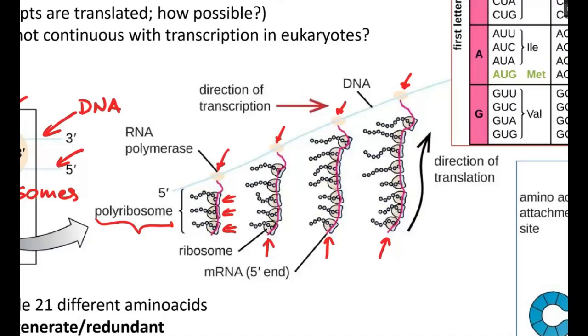Am I making sense? So that concurrent, almost simultaneous transcription and translation is unique to prokaryotes. The transcription and translation that are separated in time and space are a eukaryotic feature.